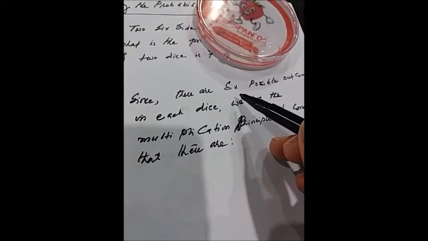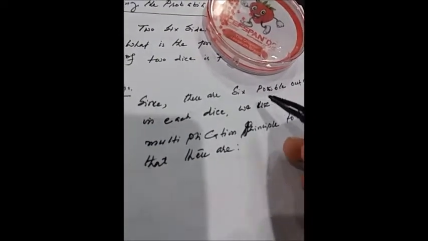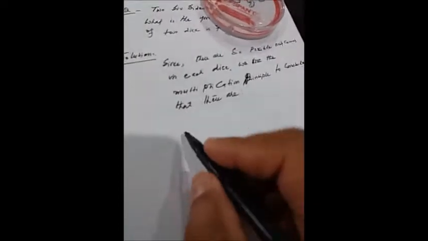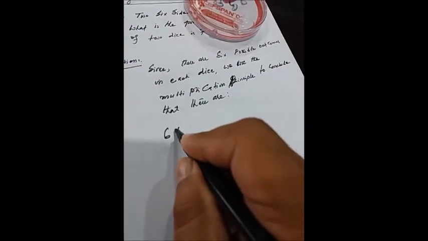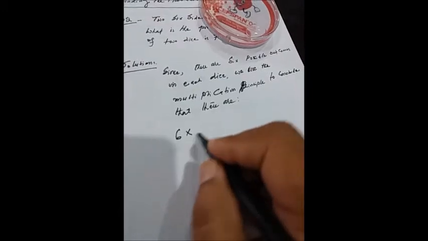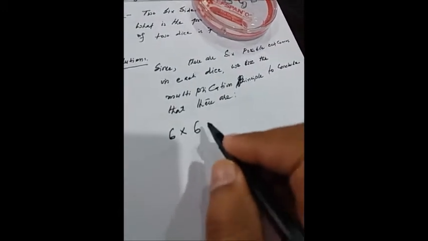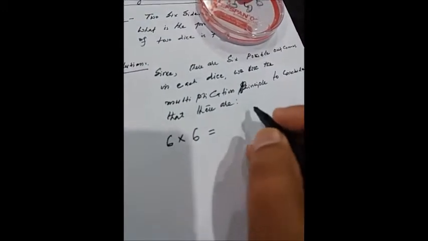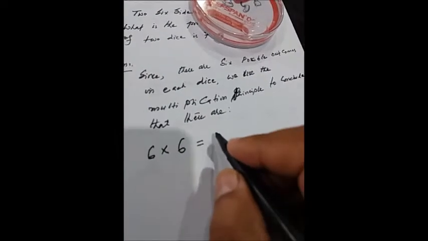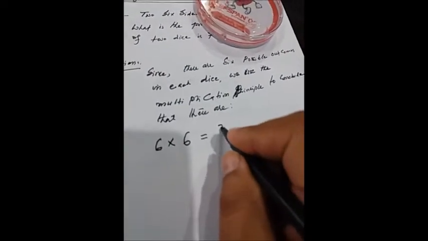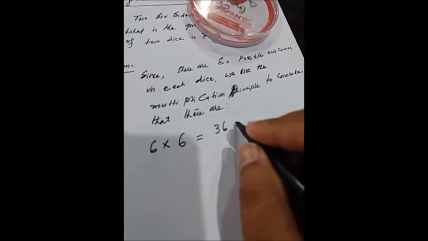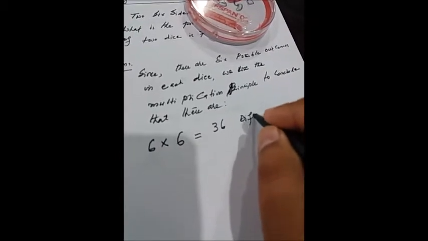So when we are tossing two dice together, it means 6 outcomes from one die and again 6 outcomes from the other die. So the total possible outcomes from the two dice will be 36 different outcomes.